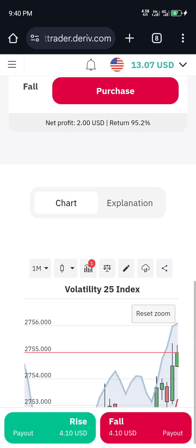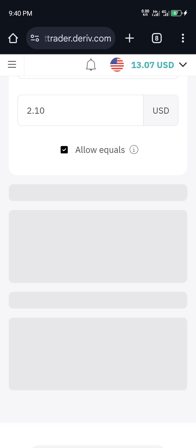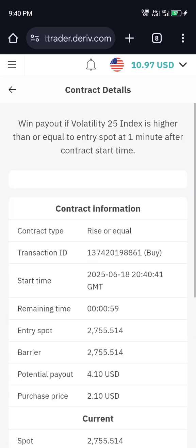We are moving to the third stage now. We are at the third stage. We have recovered the fourth stage. I wish that this uptrend will continue.